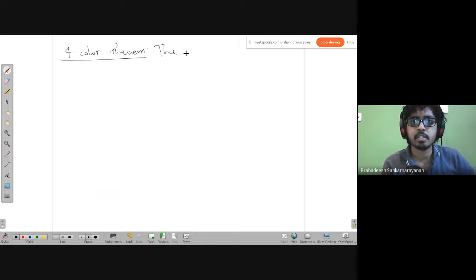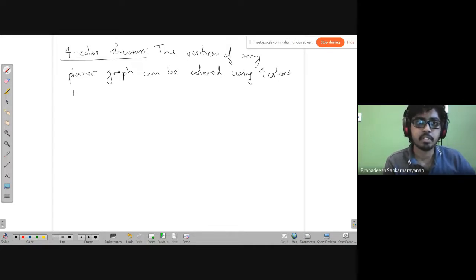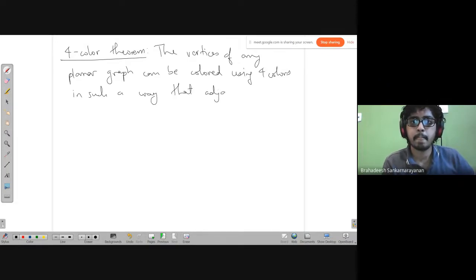The vertices of any planar graph can be colored using 4 colors in such a way that adjacent vertices have distinct colors.